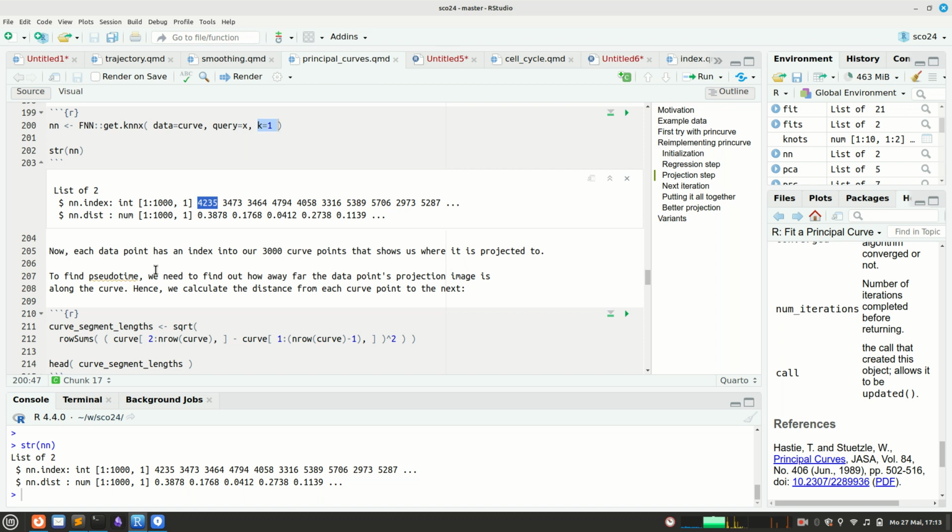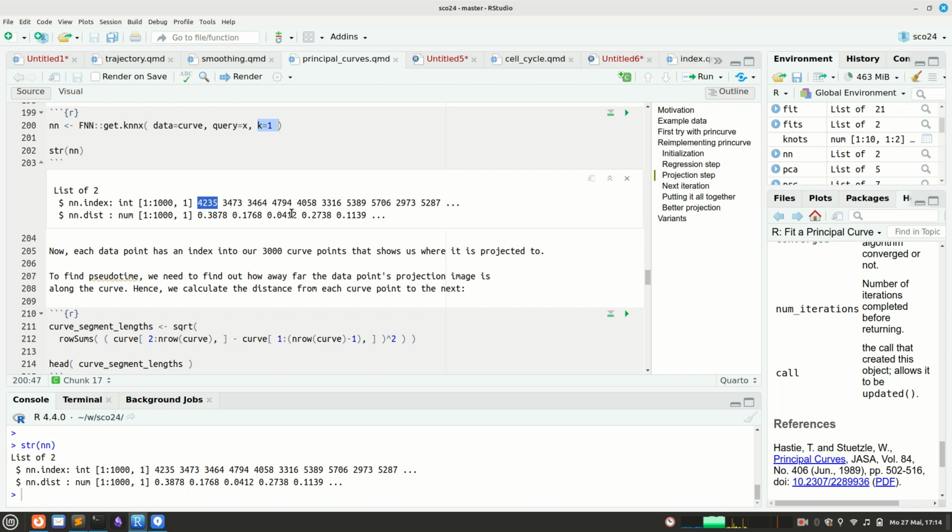So what I now do, the curve is made up of all these little linear pieces. If I have projected onto this point, then I wonder how far this point is from the start. To this end, I calculate the length of all these individual line segments. You remember we made it from 10,000 points, so there are 9,999 line segments.